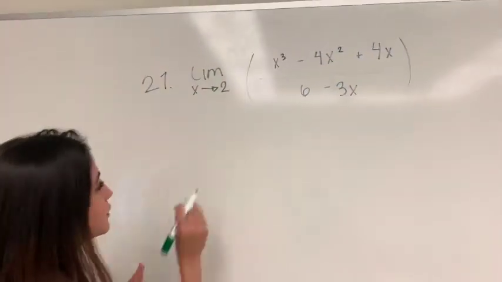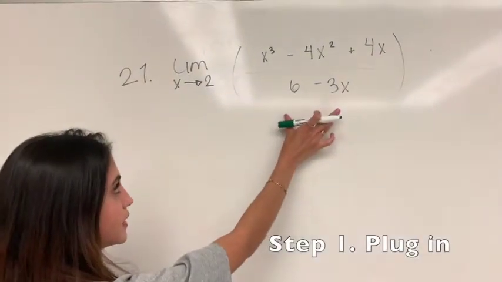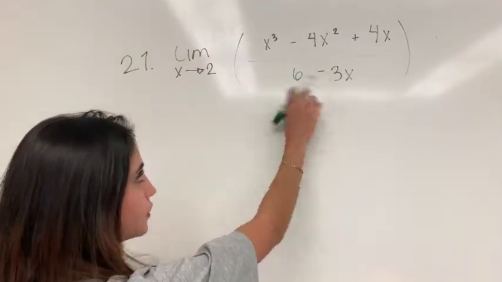So first, we have a limit here, so we're going to first plug in the 2 to see if we can solve this just by plugging in, and if not, we're going to continue.